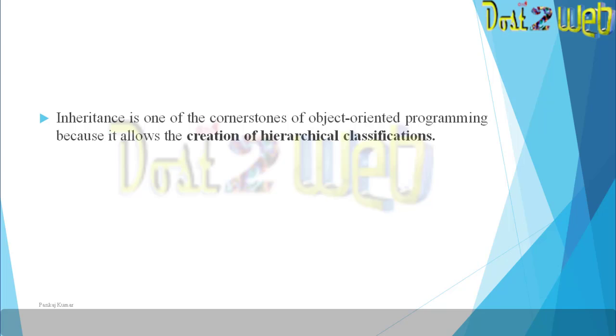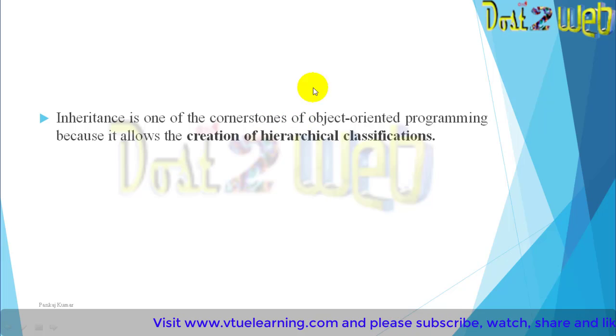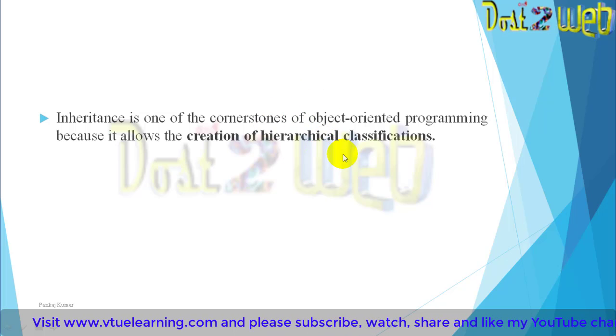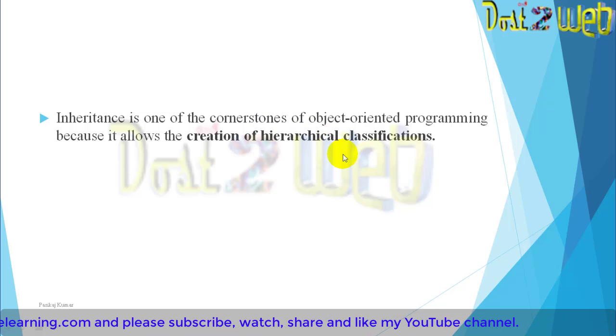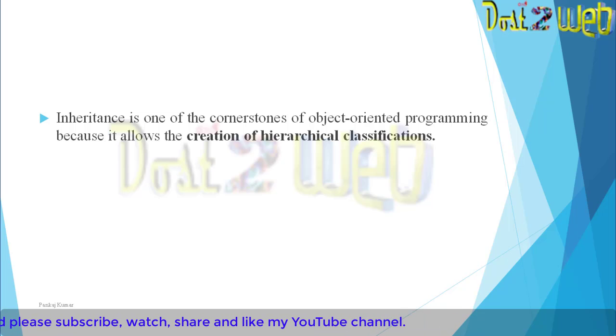Inheritance is one of the cornerstones of object-oriented programming, because it allows the creation of hierarchical classification. So what is the meaning of this hierarchical classification? When we see the types of inheritance, you will see how it is hierarchically classified.